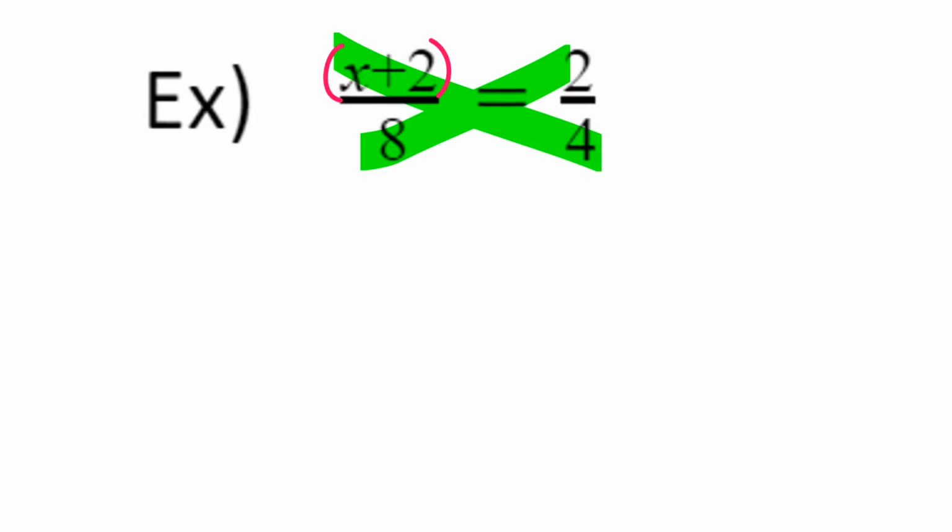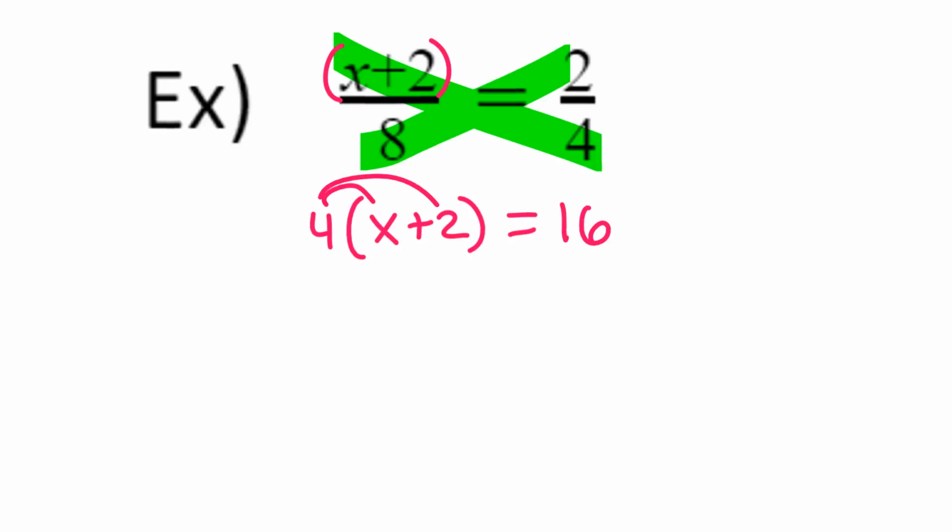So then we just write 4 times x plus 2 equals, what is 8 times 2? 16. Then what do I do? Distribute the 4. What is 4 times x?